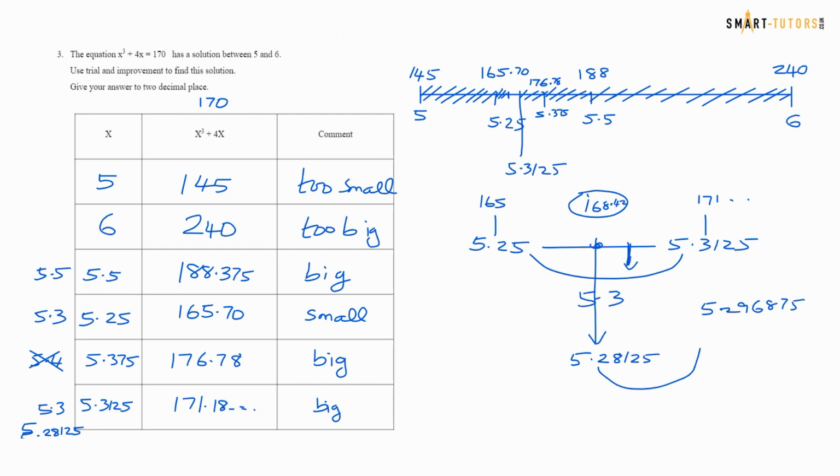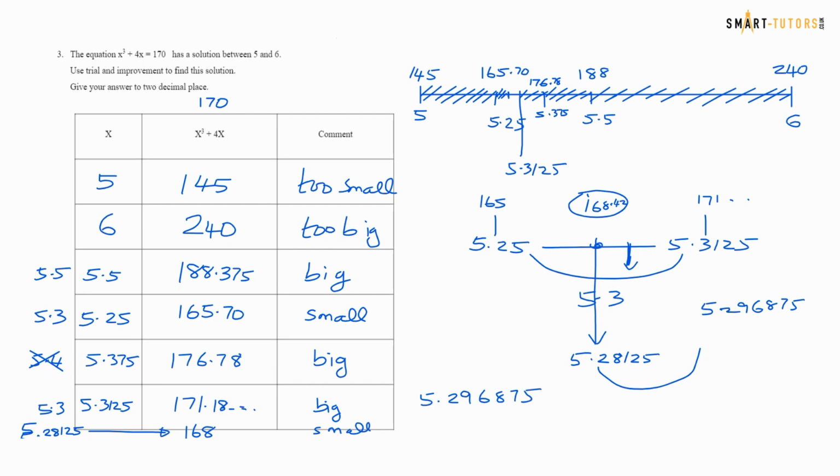You keep on doing this. If I put 5.28125, the answer is 168, that is small. So the next value we might try is 5.296875.